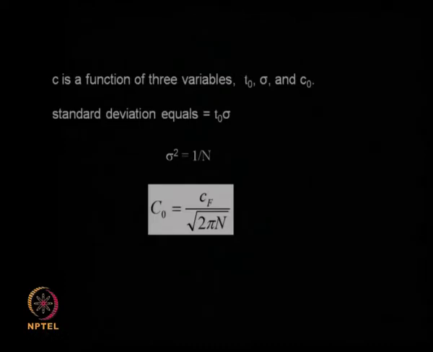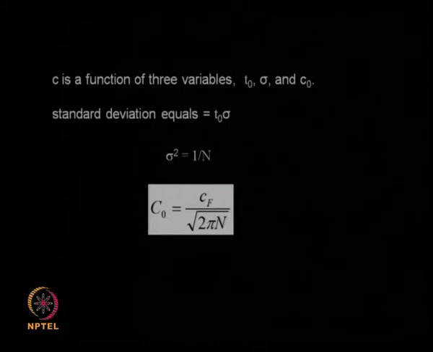So making use of that, we brought in the concept of number of theoretical stages or theoretical plates. The theoretical plates is connected to sigma in this particular fashion. Sigma square is equal to 1 by n. So if the sigma becomes smaller and smaller, n becomes larger and larger. Sigma is related to standard deviation by this equation, T naught into sigma is equal to standard deviation of the Gaussian curve.